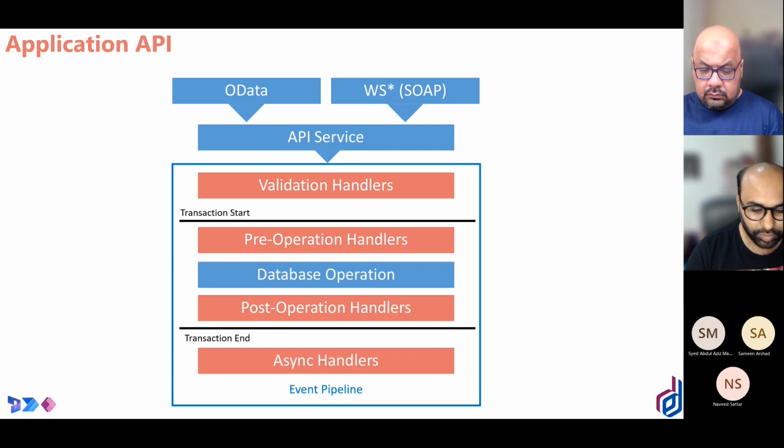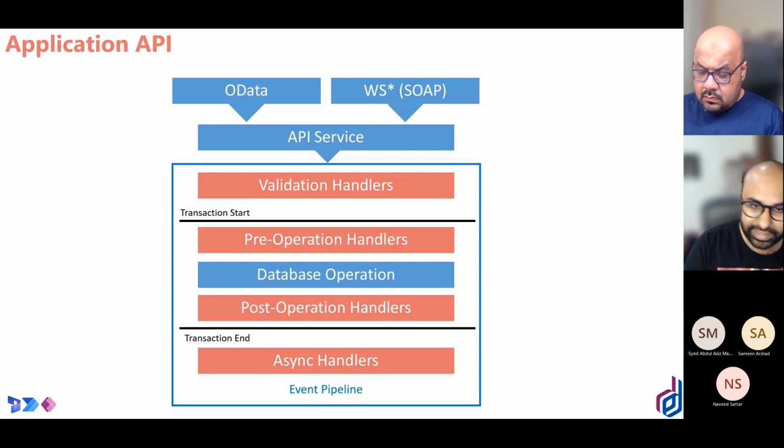As soon as a user creates a new form, types some data and clicks on save, we can inject the code before it is even written to the database. So the transaction starts from there. And then let's say we write our validation, and if the validation passes, then the record is written to the database. And after that, the post operation, if there is any plugin or custom code, that will execute.